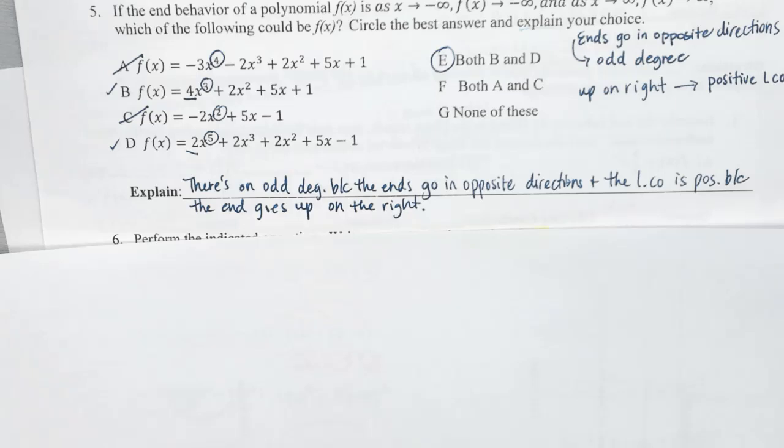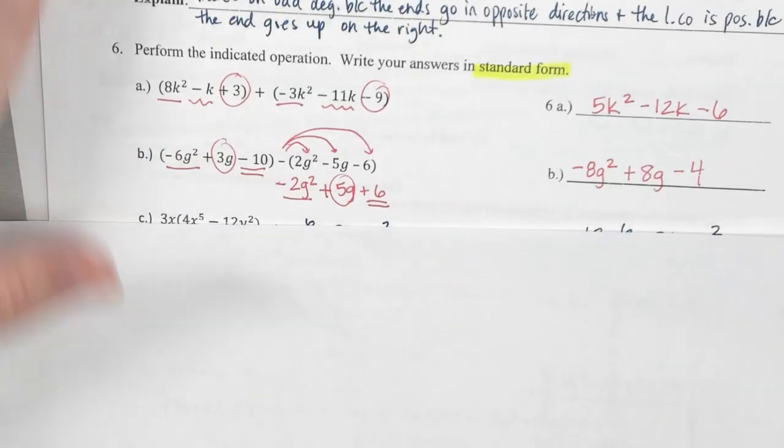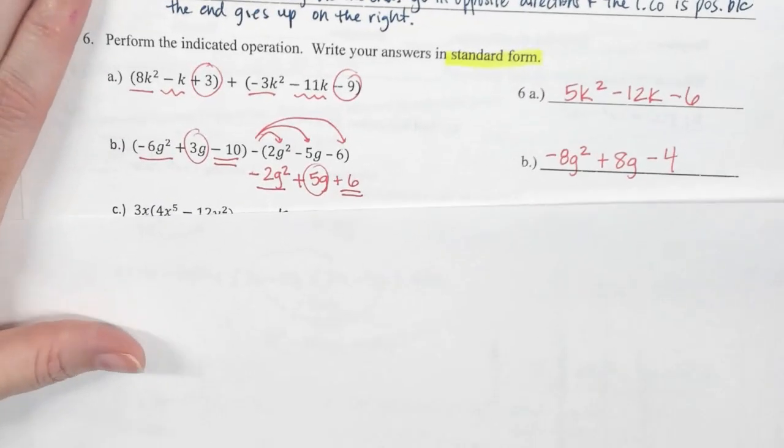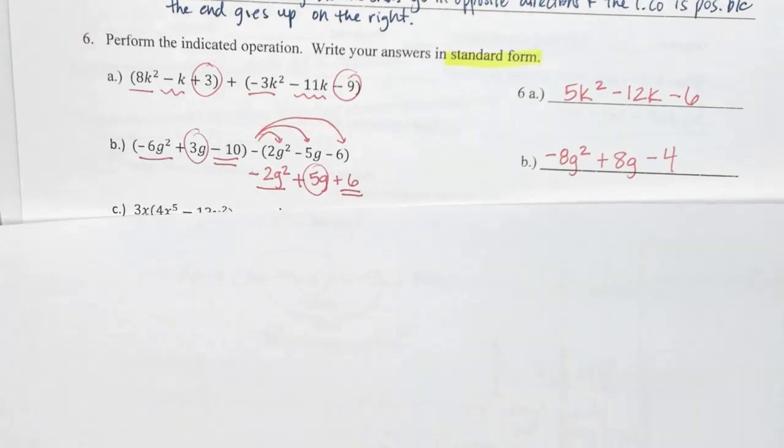Okay, and then for number 6, you're performing the indicated operations and writing them in standard form. The first two in standard form have only one variable, so that should be quick. Okay, and then how did A and B go?